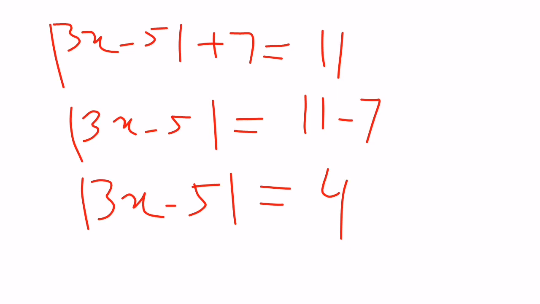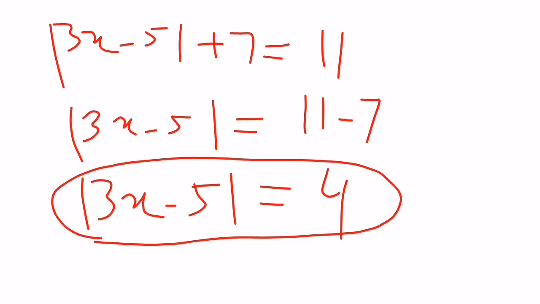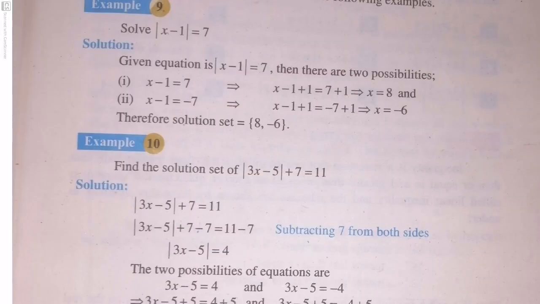Now to solve this, there are again two cases. One is 3x − 5 is equal to 4.